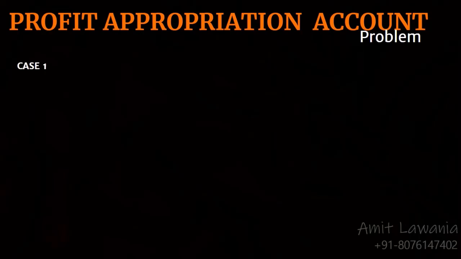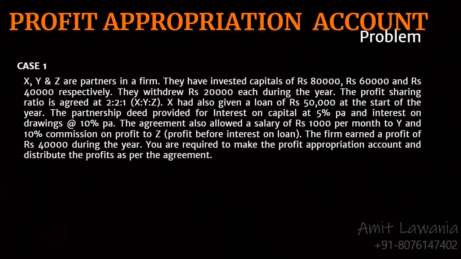Case 1. Please note down this question as I read it. We will take the items from it, fix them in the boxes and get the answers. X, Y and Z are partners in a firm. They have invested capitals of rupees 80,000, rupees 60,000 and rupees 40,000 respectively. They withdrew rupees 20,000 each during the year.